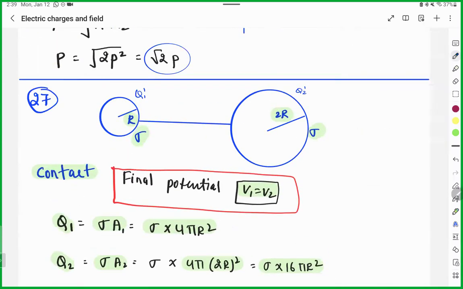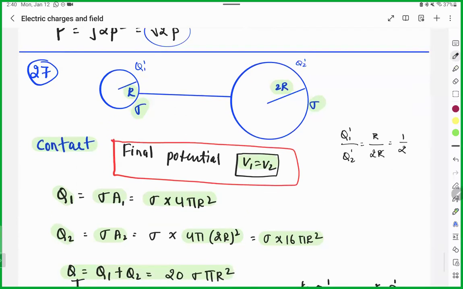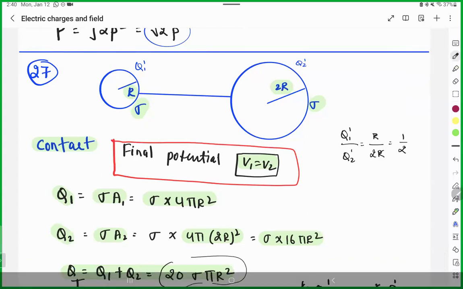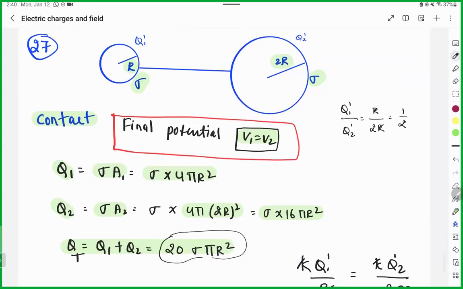And what is the formula for the new charge? It depends on radius 1 and radius 2, the ratio 1 by 2. The total should be this, because this amount is fixed.